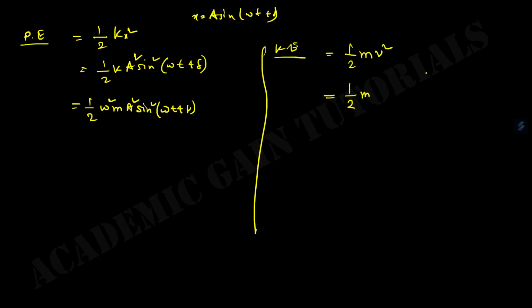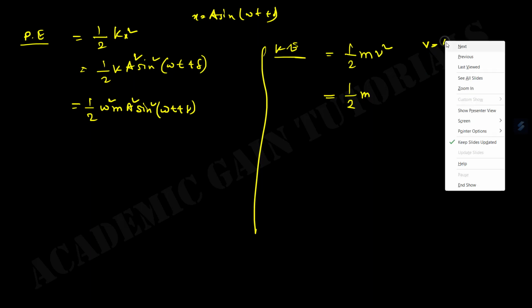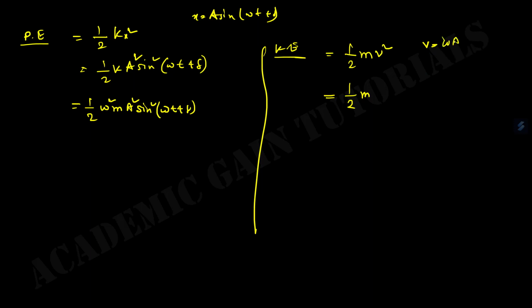We know there are two equations for v. One equation is v equals omega a cos of omega t plus delta, or I can also write this as omega root over a square minus x square.